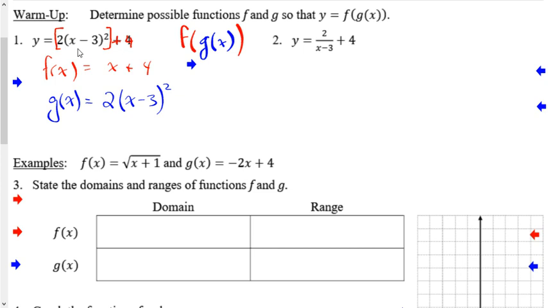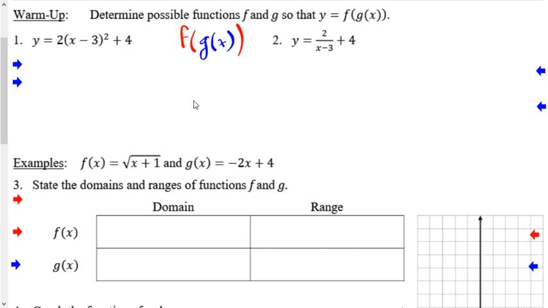What am I going to stick in place of my x? Well, that will be the g of x function, the 2 times x minus 3 all squared. So there's the inside function that's going to go in place of that x. That is one option. Here's a second option.